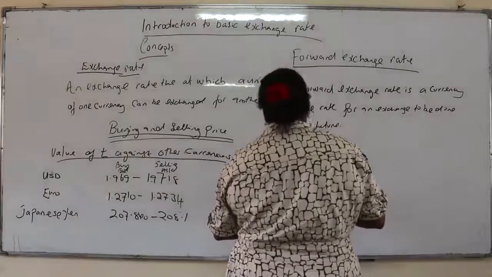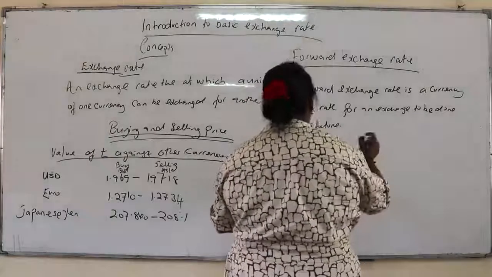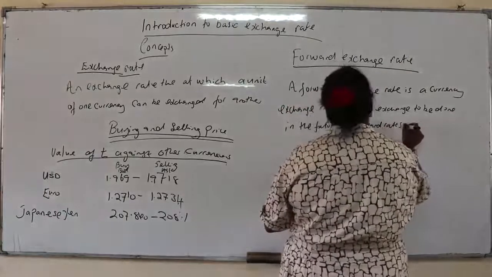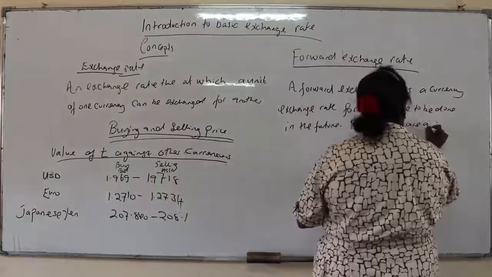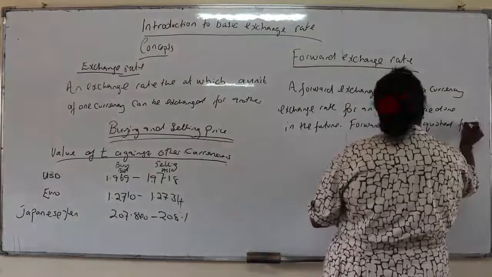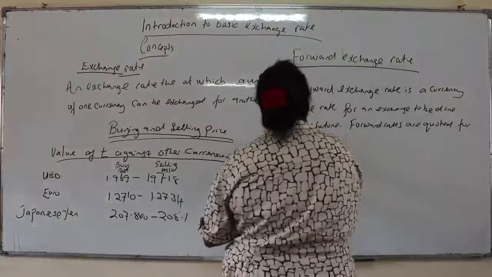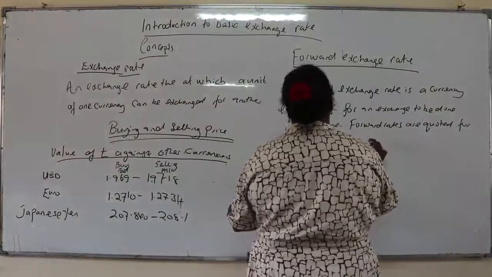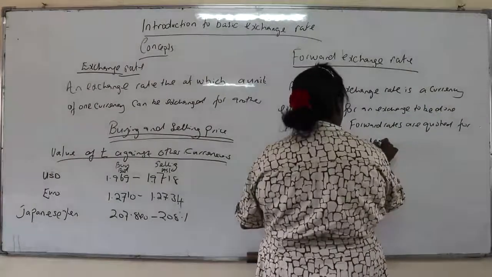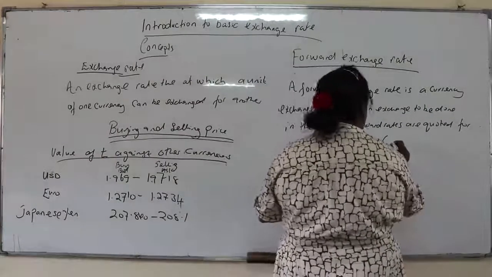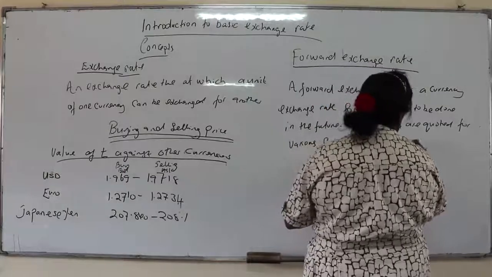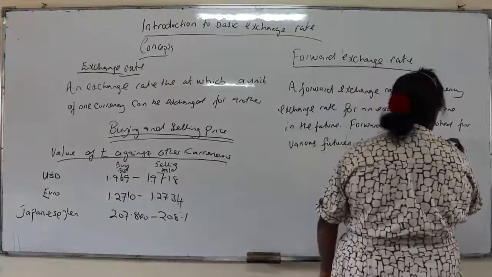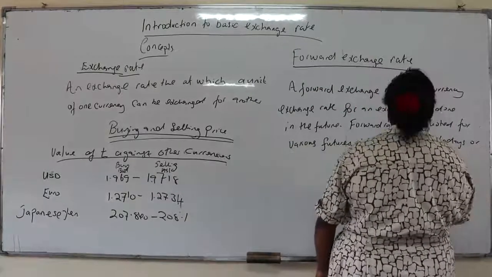So forward rates are quoted for various future dates. Let me just write that: forward rates are quoted for various future dates, for example, like 30 days, 60 days, or 90 days.